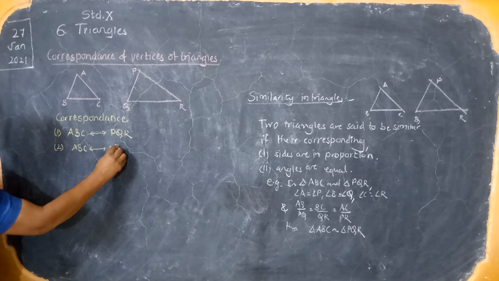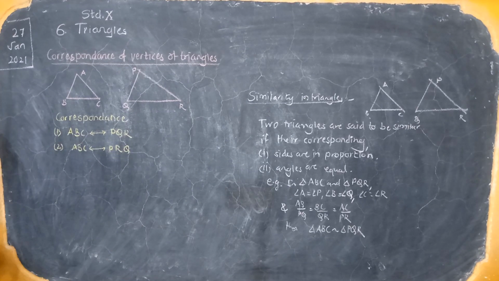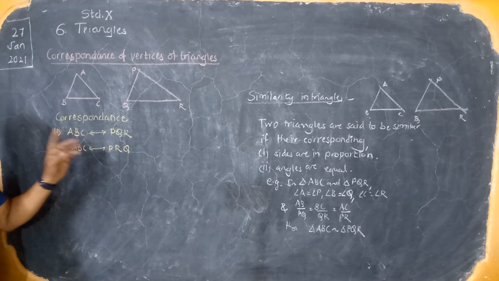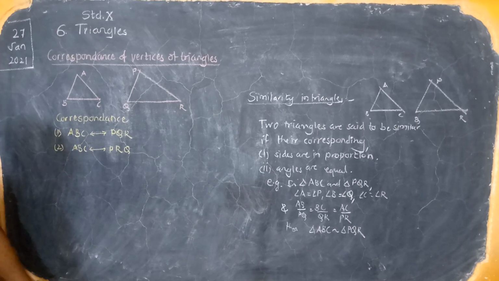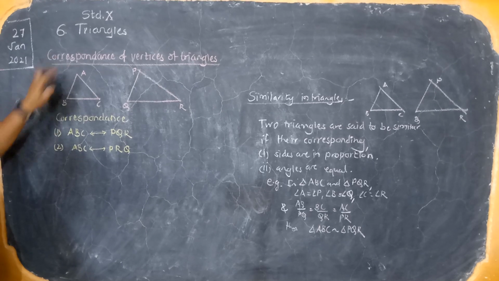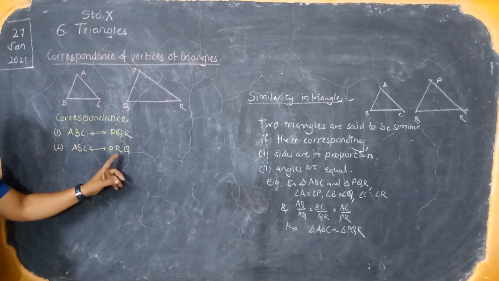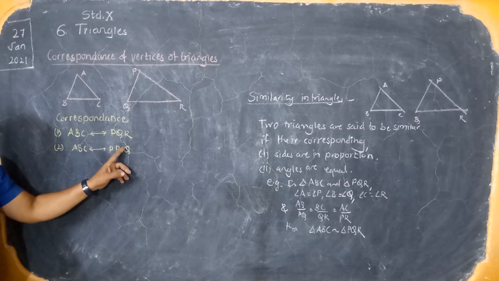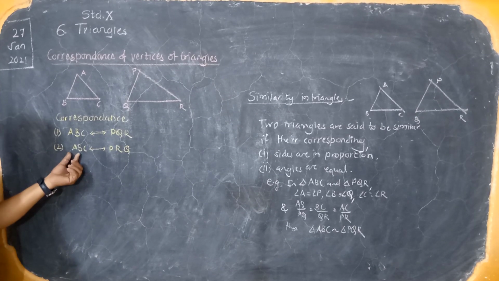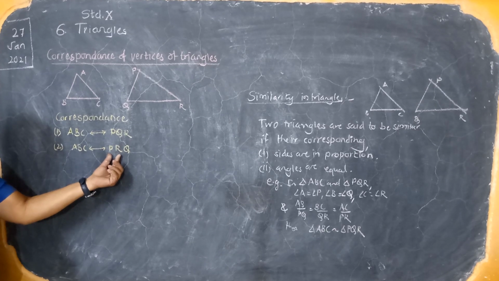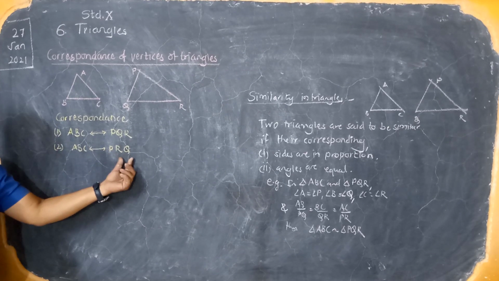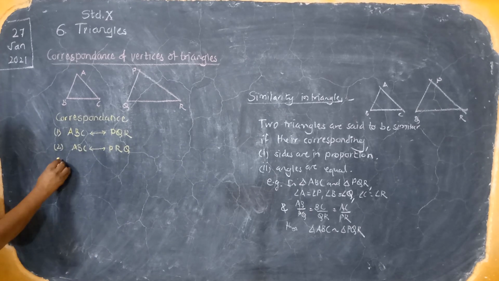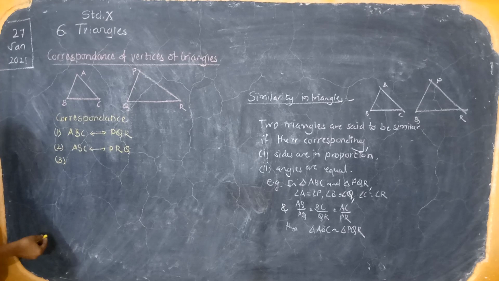Second, if we take ABC corresponding to PRQ, then A corresponds to P, B to R, C to Q. Then the correspondence of sides will change: AB will correspond to PR, BC to RQ, and AC to PQ. Now this you must understand.